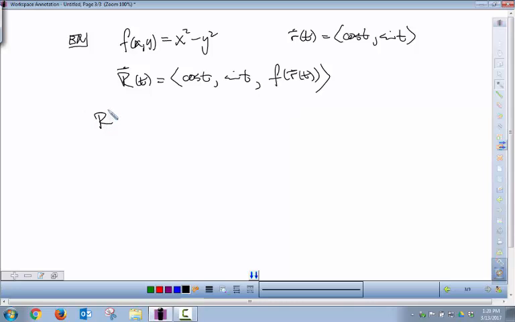Now, to find our derivative, it's just a matter of taking the derivatives of each of these components. But now, when we get to this one, this is where we actually want to compute this derivative of the composition.